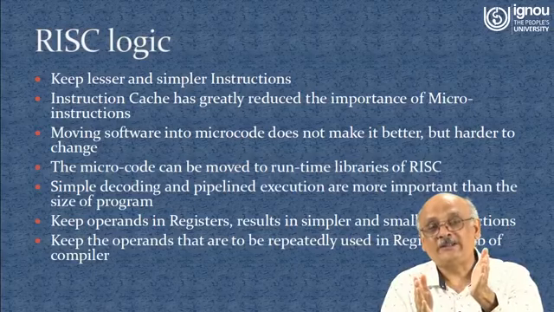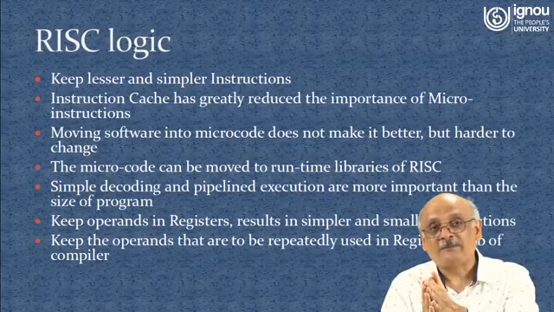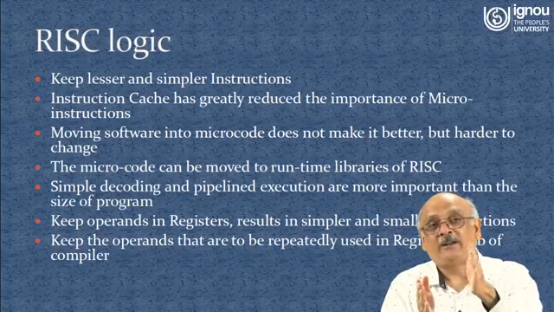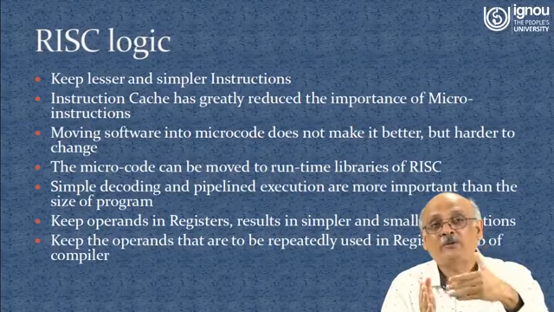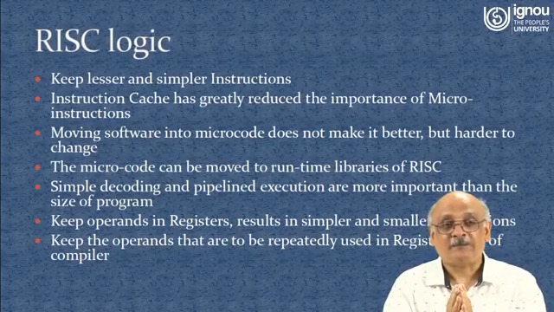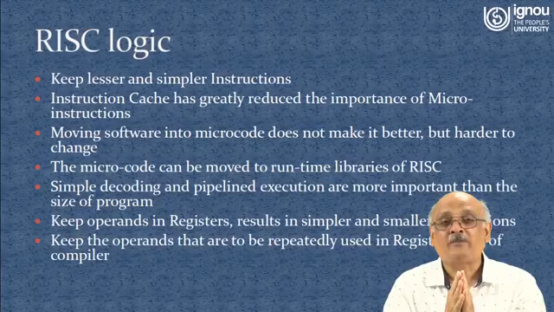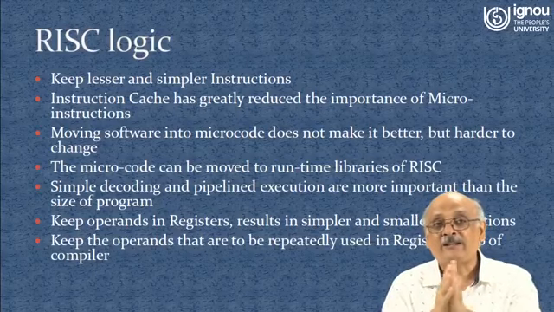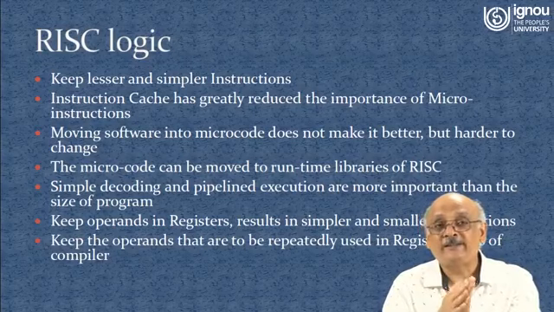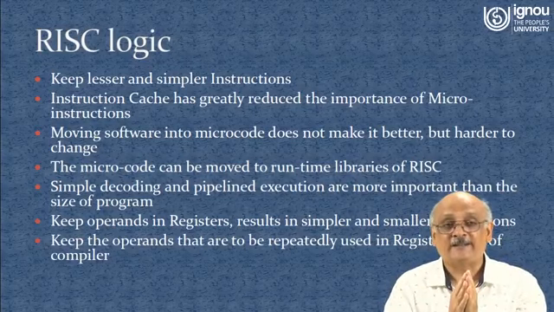Now how are you going to change it? But if it is in the software, in the operating system and in the system software, you can always change that particular scenario easily. Microcode can be moved to runtime libraries of the RISC also. Okay, so the runtime libraries, which are easier to code and easier to change, can be utilized instead of the microcode.